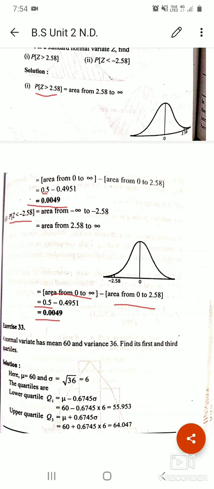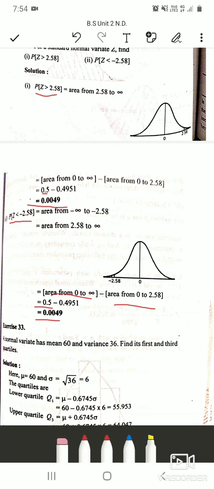Therefore sigma is 6. From the properties of the normal curve, we had studied the lower quartile, that is Q1 equals mu minus 0.6745 sigma, and Q3 is mu plus 0.6745 sigma. Substitute the values of mu and sigma and simplify, you will get the answer.